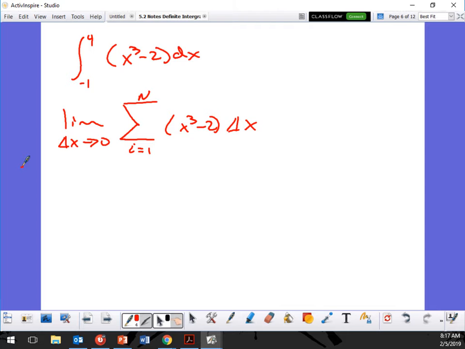Let me explain what this is actually saying. When we did the Riemann sum, what did we do to each one of those rectangles? We added it all together, right? Yeah. Okay.